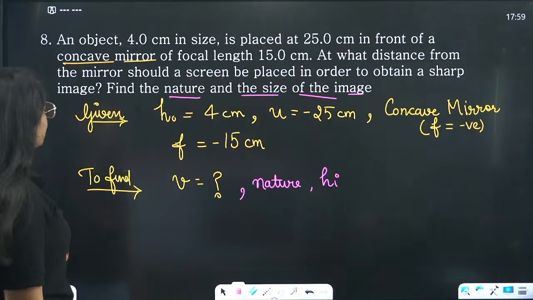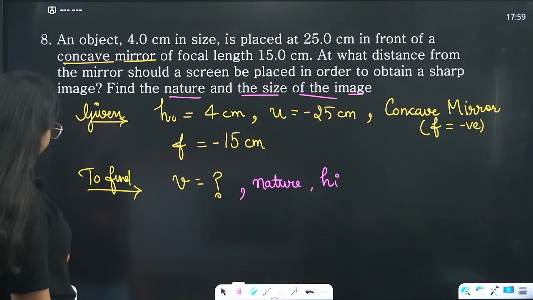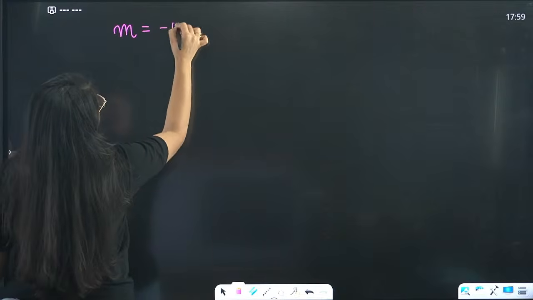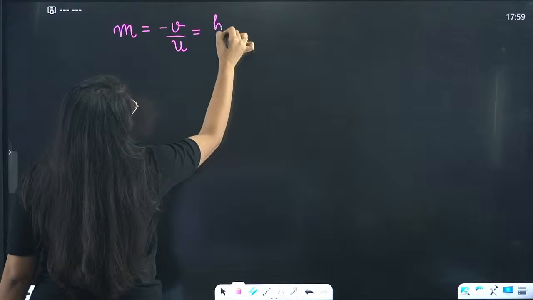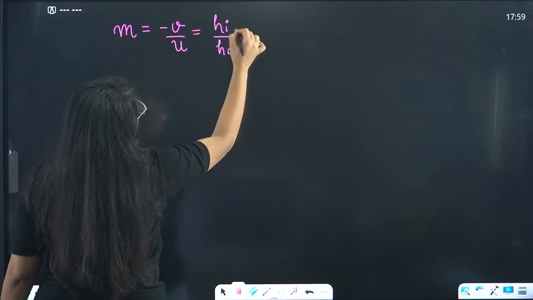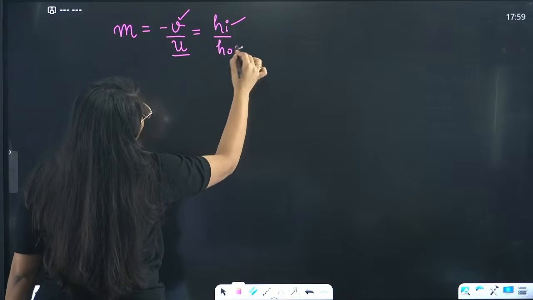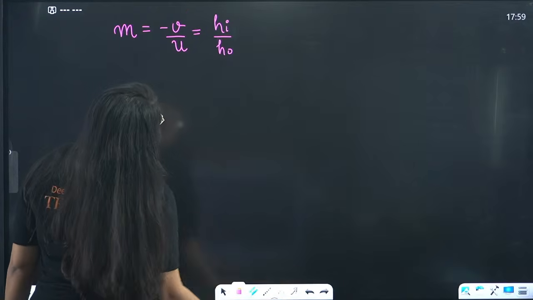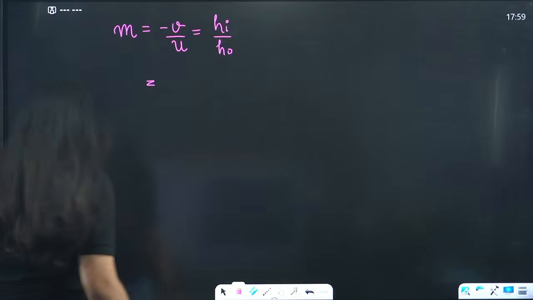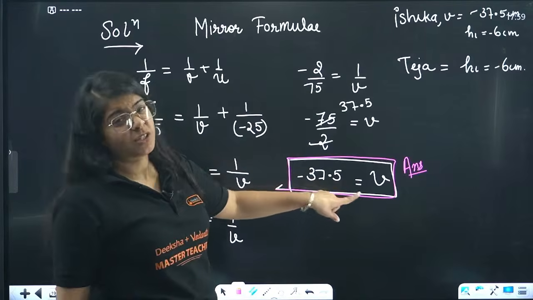Okay. Now, you see height of object is given. Magnification m simply is -V by U equals height of image by height of object. This we have to find. This was given, this we found, and this we are given, right? So let's see. Now -V, I will not use this because it's very hard to calculate.